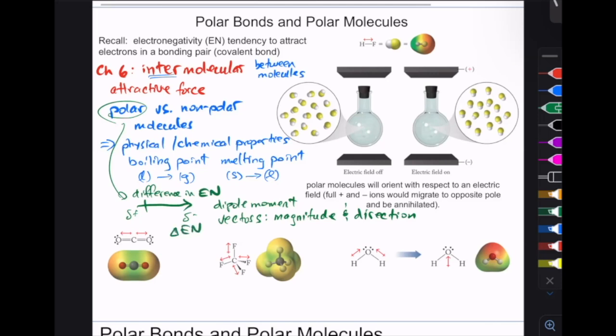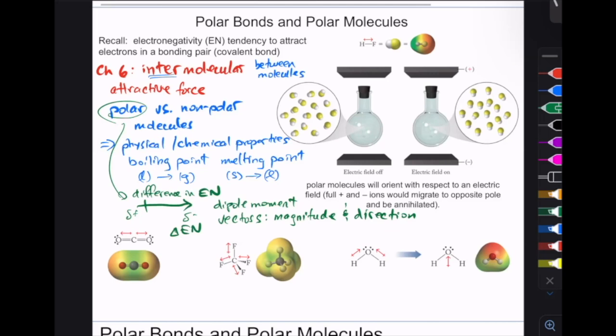If there's a difference in electronegativity, the electronegativity is the general attraction that an atom has for those electrons that are shared in a covalent bond. If you have the same atom type on both sides of the bond, it's the same electronegativity, so those electrons are equally shared.